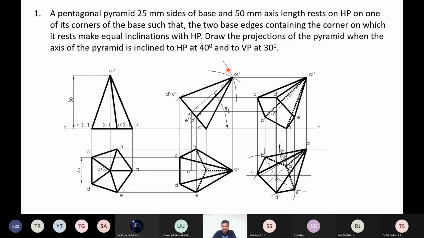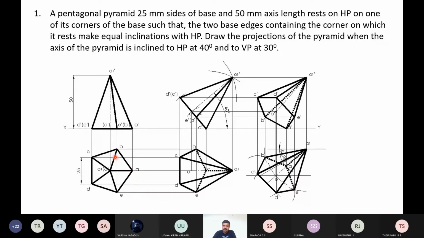Come on, you can answer. Why do we keep the complete lamina on HP? The reason is, in order to get the true shape of the lamina. Similarly here also, though it is resting on one of the corners of the base.